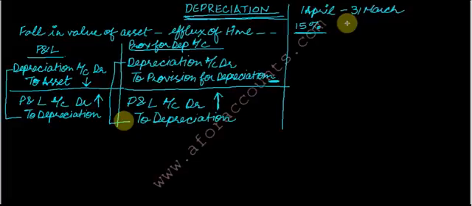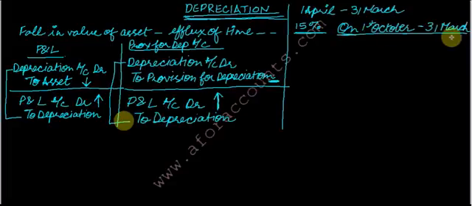If any asset is purchased on 1st of October, from 1st of October to 31st March, that is the last 6 months of our financial year, then instead of 15% on that purchase, reduce it by half, and then the amount will be depreciated because the asset has not been put to use for the first 6 months.